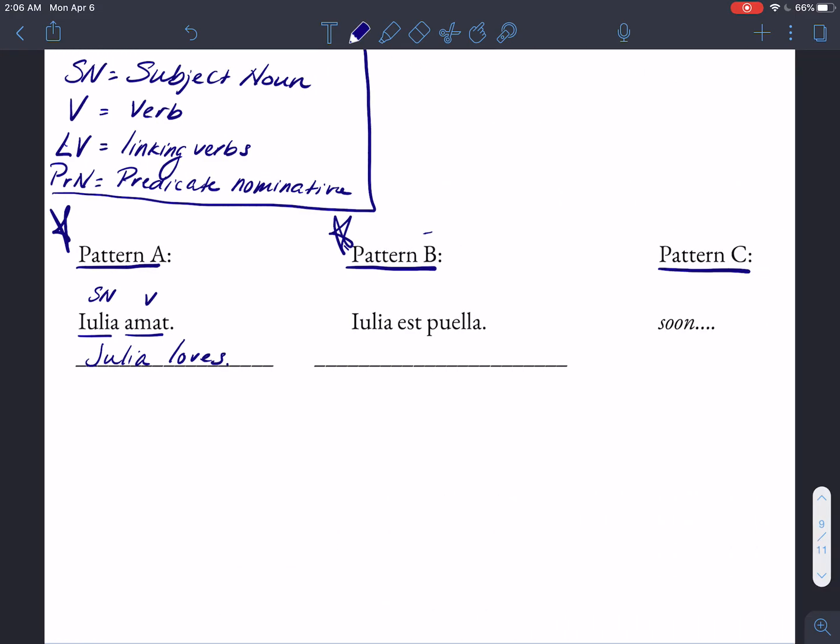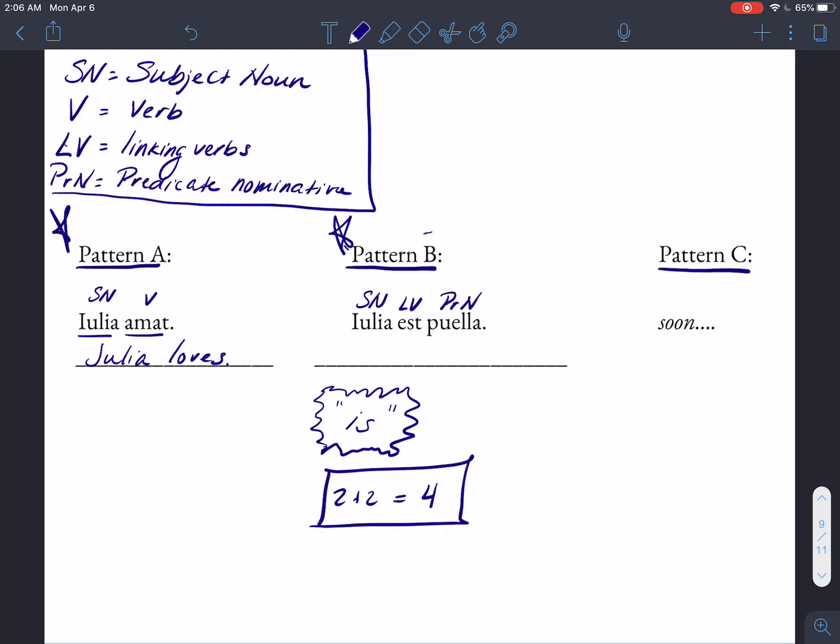So here we've got SNLVPRN. Because remember, est means is, which means it's a linking verb, right? One thing is something else. 2 plus 2 is 4. That is an incontrovertible fact.